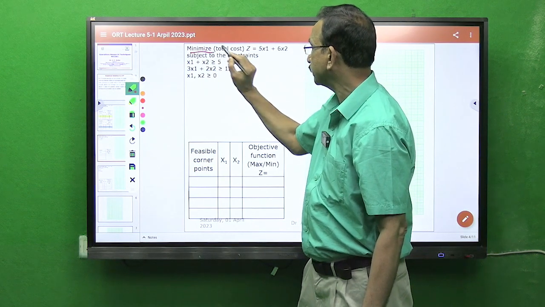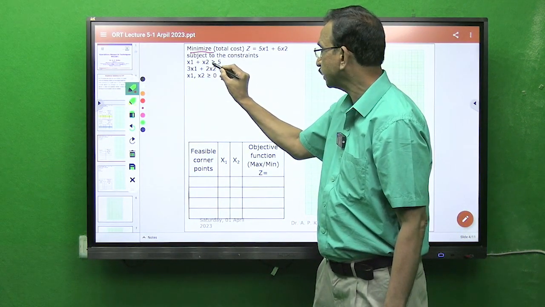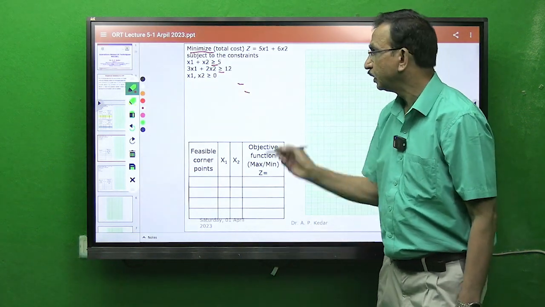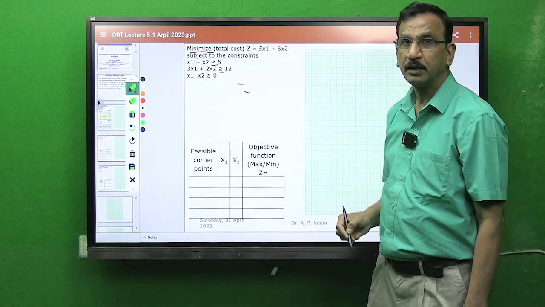I have also changed these signs. You can focus your attention on these signs. It is greater than equal to. In the previous case the signs were less than equal to.